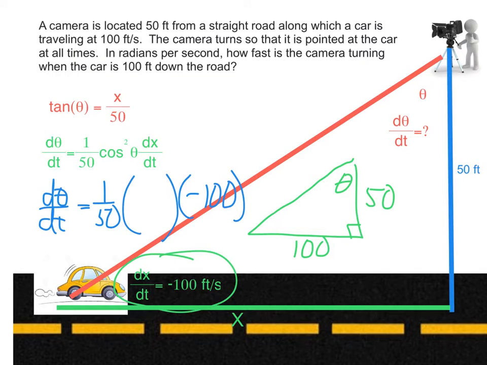now I plugged in, the only thing is I don't know the cosine. The easiest way to do that in this case, and without using the calculator, would be to find the length of this hypotenuse using the Pythagorean theorem.